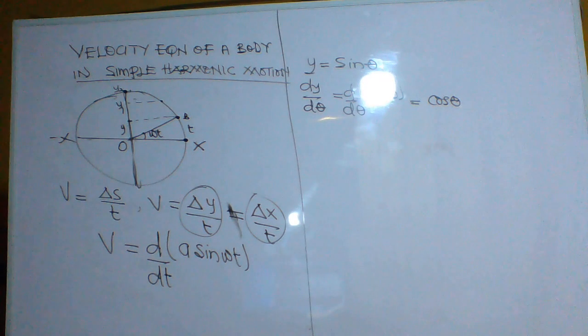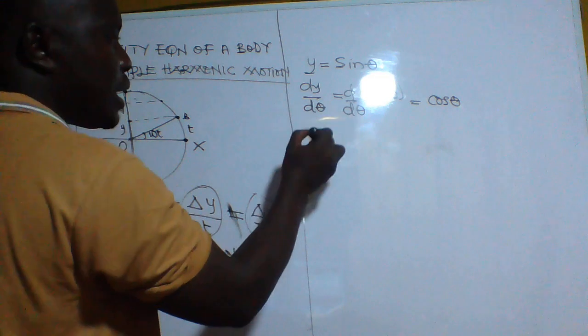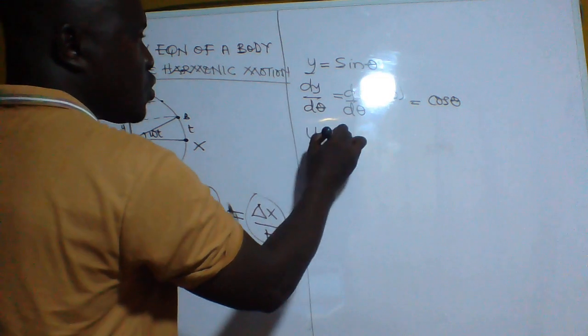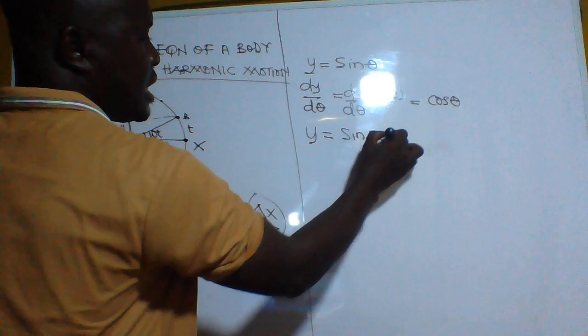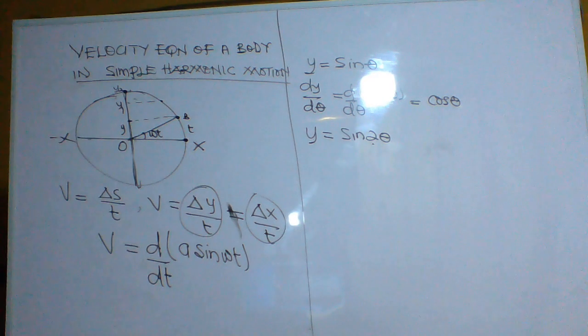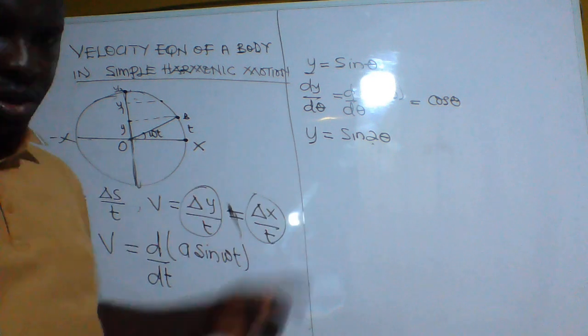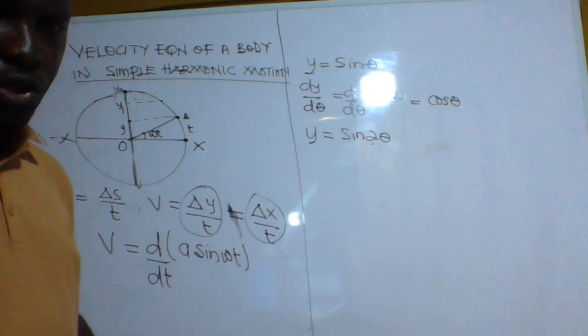Now if you happen to have y equal to sine 2 theta, here there is a coefficient to the angle. So this is a double angle because there is a coefficient 2.